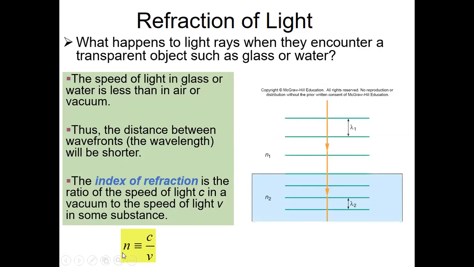The refractive index of glass is equal to the speed of light in vacuum divided by the speed of light in glass. So if you know the refractive index of glass, and if you know the light speed in vacuum, then you can even calculate the speed of light in glass, right? If you know two things, then you can calculate the other unknown using this equation.